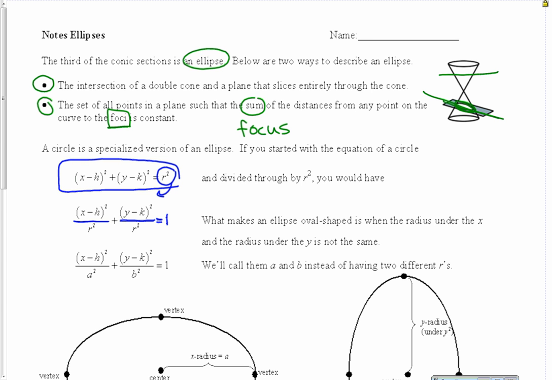What makes an ellipse this oval shape is when this radius underneath the x squared is a different radius than the one underneath the y squared, okay? So instead of calling them R1 and R2, we call them A and B, where A is the amount under the x, or the horizontal stretch, or horizontal radius, and B is the number underneath the y, or the vertical radius.